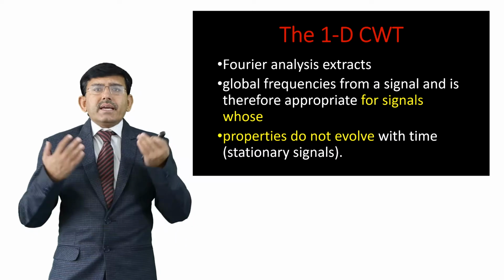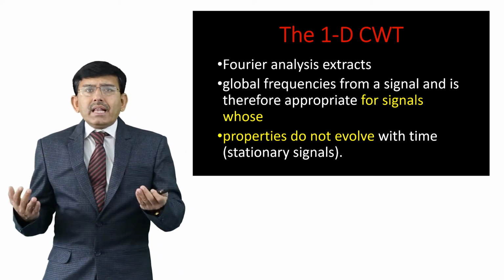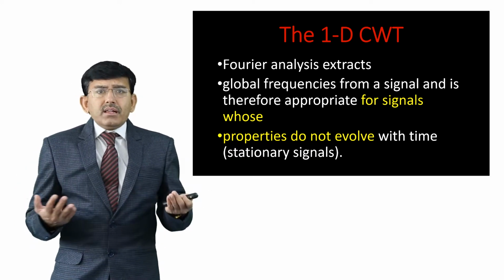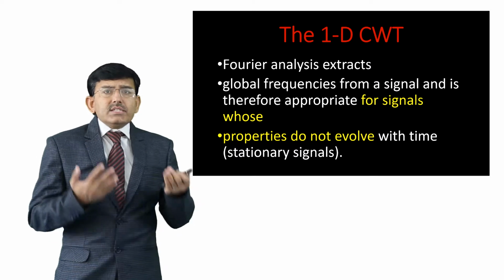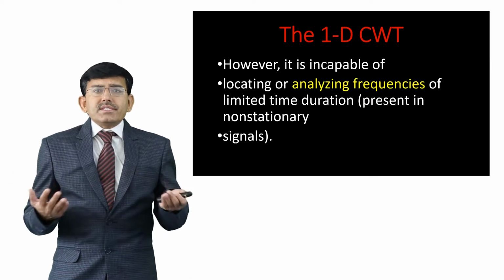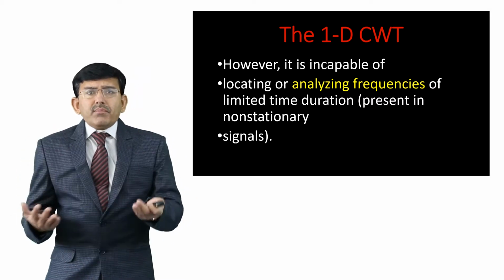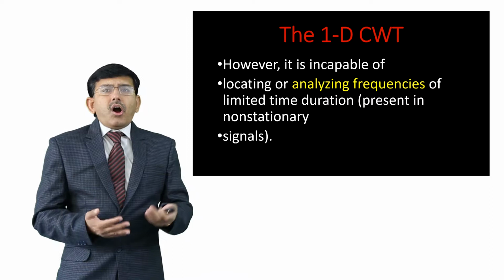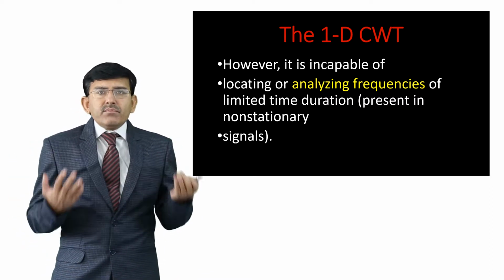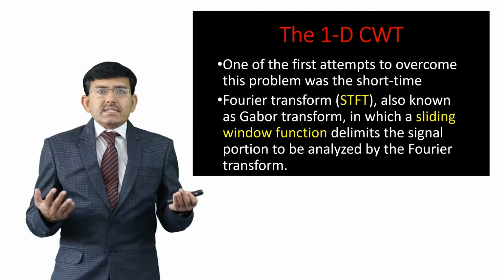Fourier analysis extracts global frequencies from a signal and is therefore appropriate for signals whose properties do not evolve with time, that is stationary signals. However, it is incapable of locating or analyzing frequencies of limited time duration present in non-stationary signals.